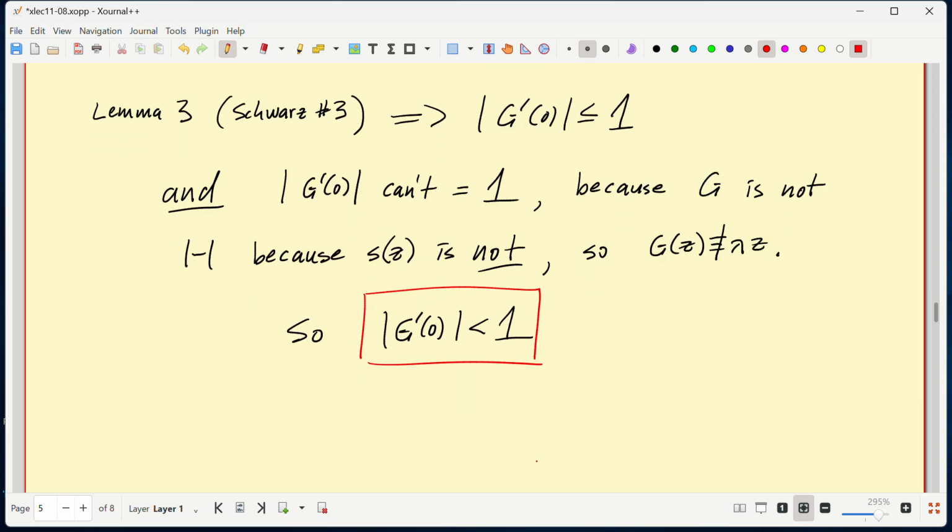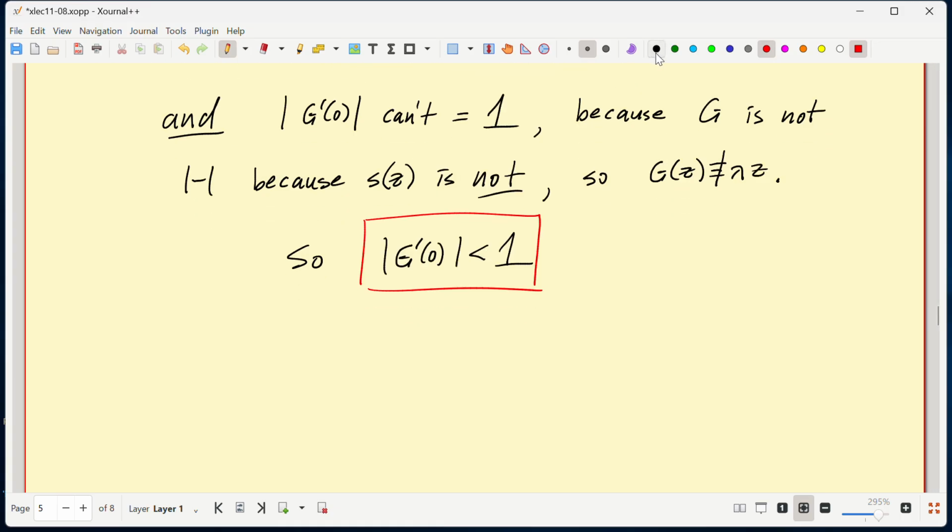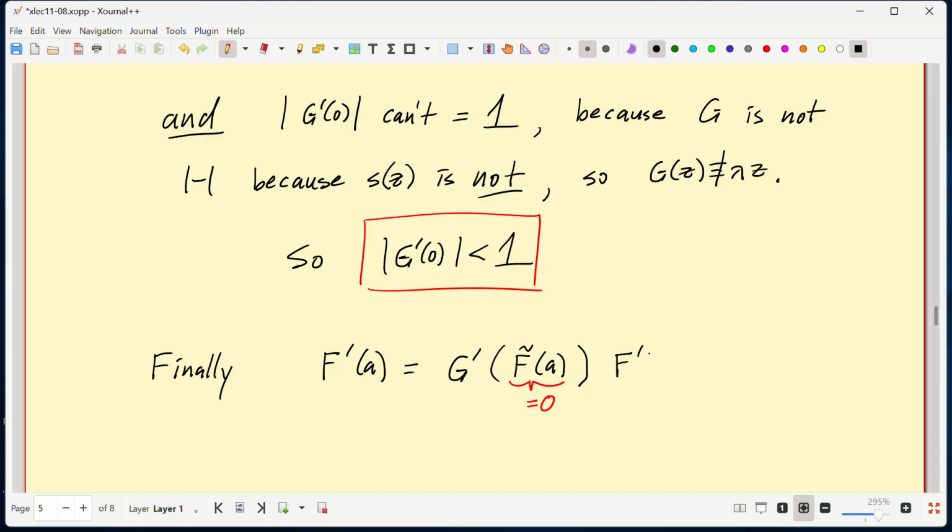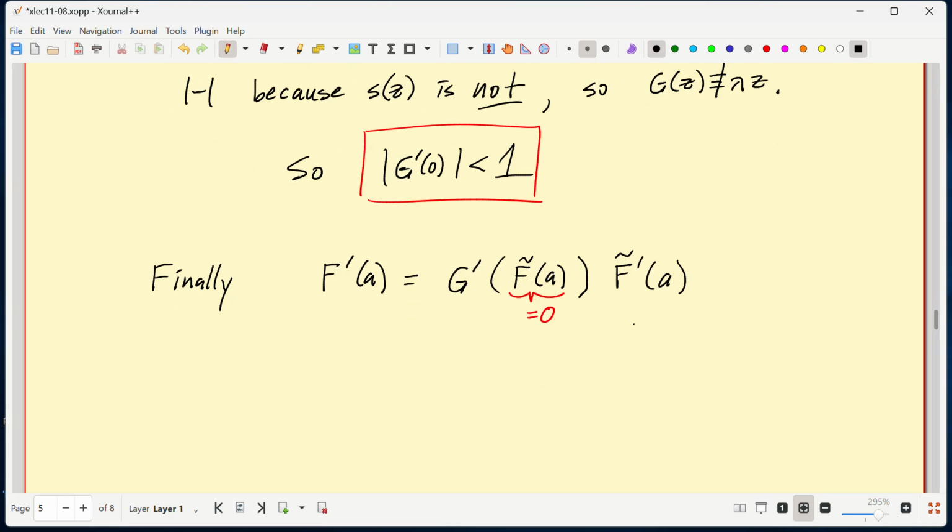And so finally, what do I have? I have f prime of A. It was that composition, so that would be equal to G prime of f twiddle of A, which if you look at my construction of f twiddle, that's equal to 0, times f twiddle prime of A. That's just the chain rule.